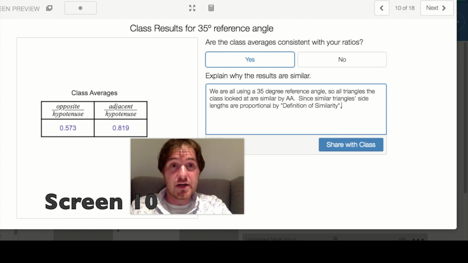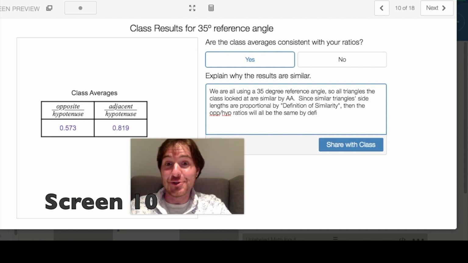By definition of similarity, then the opposite over hypotenuse ratios will all be the same by definition of proportion, right?